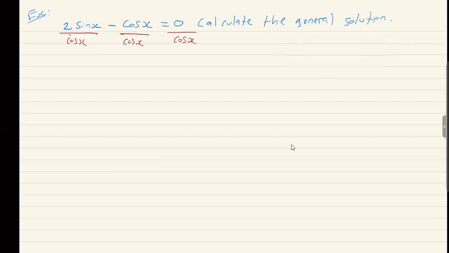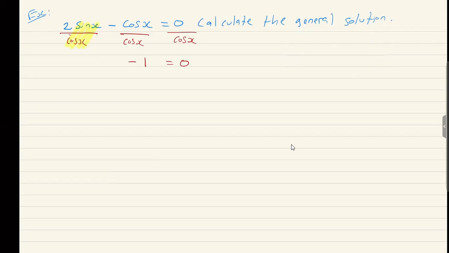So 0 over cosine x is equal to 0. Negative cosine x over cosine x is negative 1. 2 sine x over cosine x: sine x over cosine x, tangent will always come when you divide each side by cosine x. This is tangent.